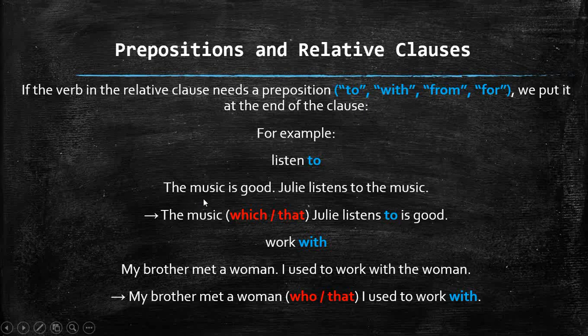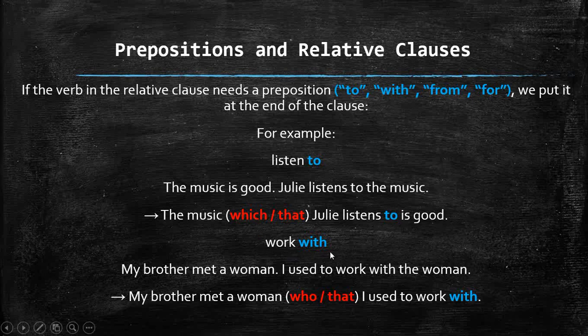The music is good and Julie listens to the music. If we join these two sentences with a relative clause, we have: the music that Julie listens to is good. And we're putting the preposition at the end of the sentence.